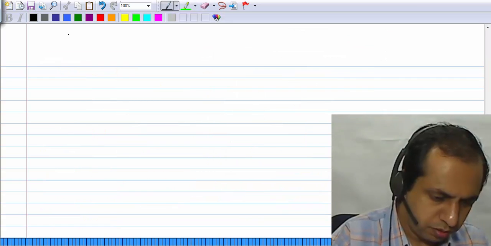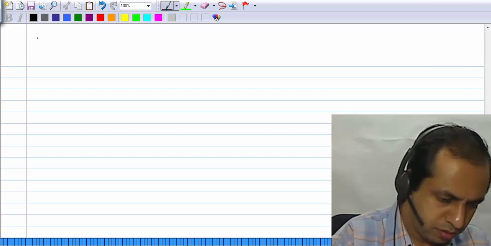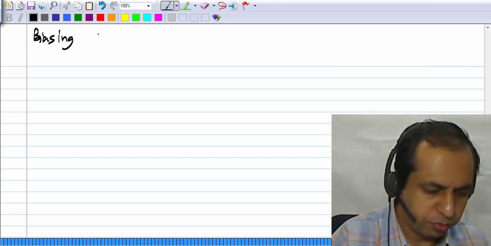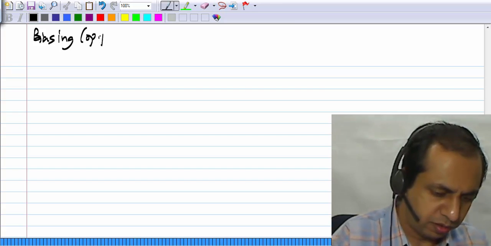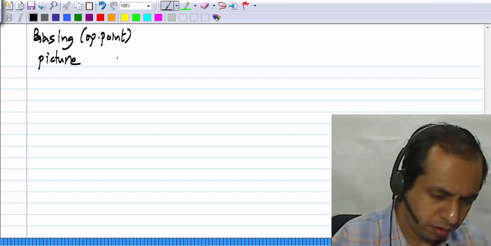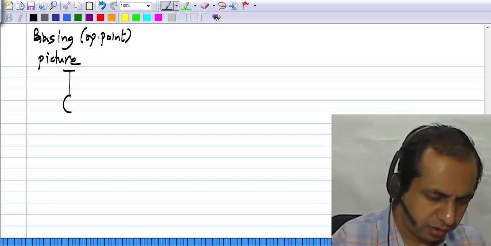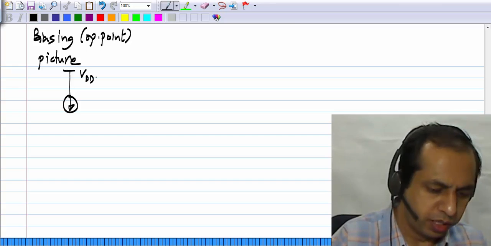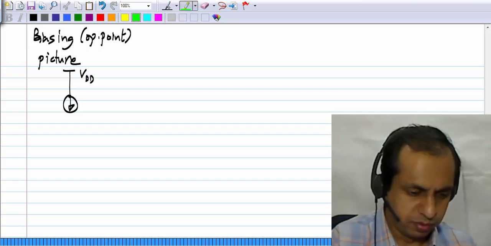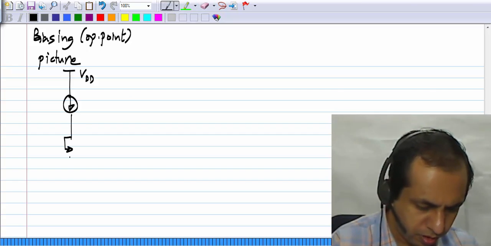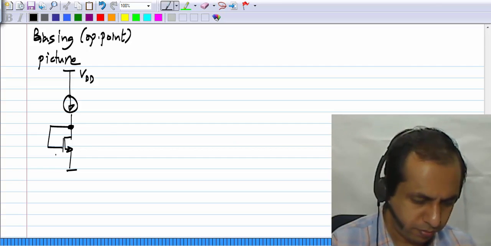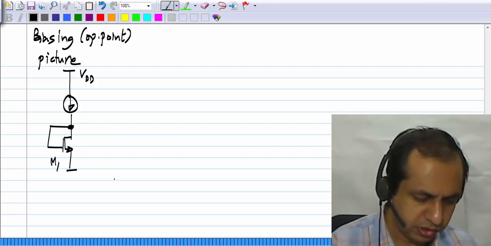So, we have the biasing picture or setting up of the operating point. And in that, I will continue to show it like this. Please understand that there is a battery between this point and ground. This is M1.